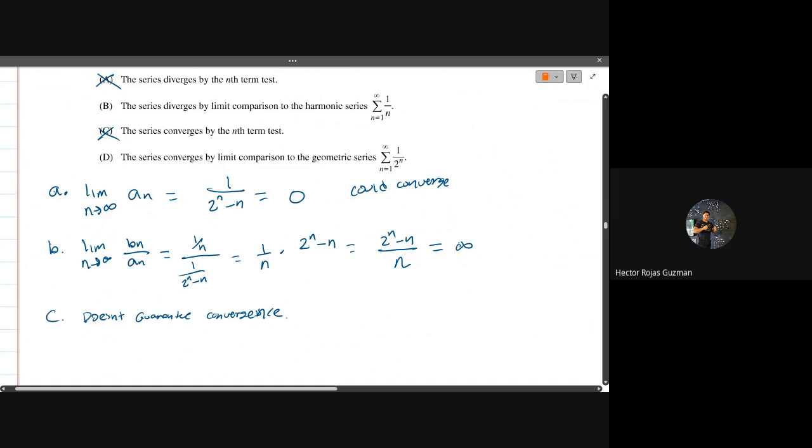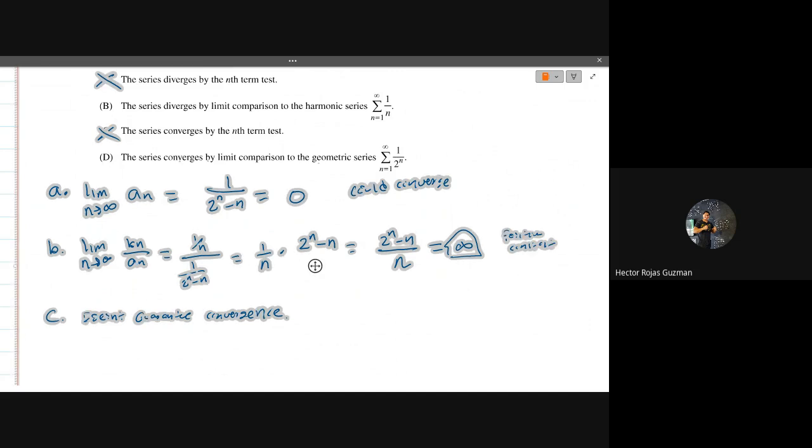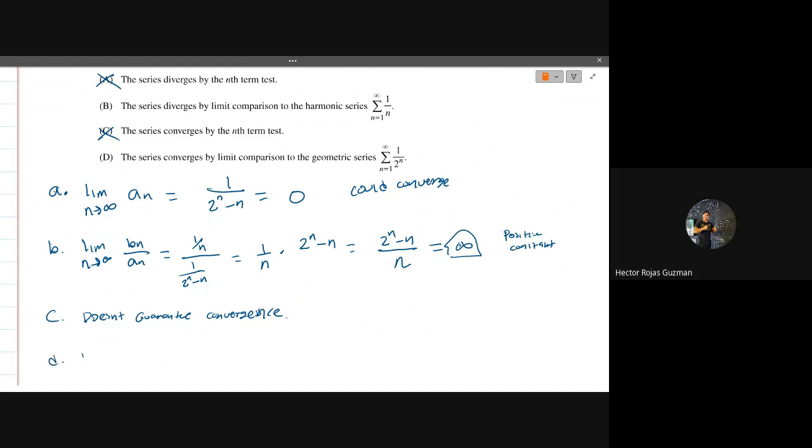I blanked out on something. When we do the limit comparison test, the limit has to be a positive constant. And if that's the case, then both series do the same thing. But because we got infinity, we can't really make a conclusion. So we're going to run the limit comparison test one more time. B of n over A of n.